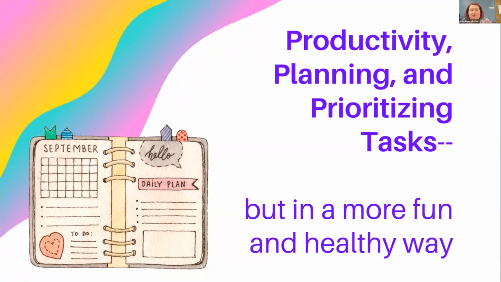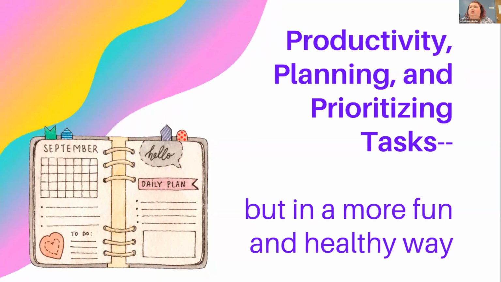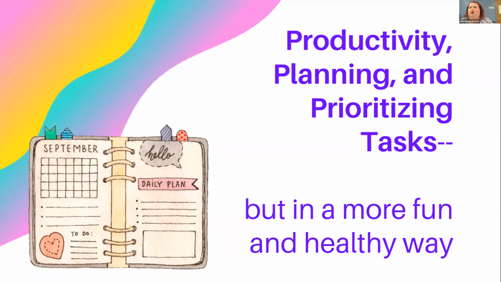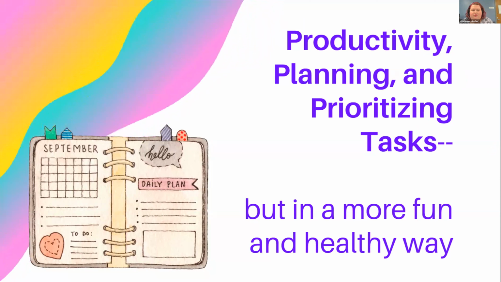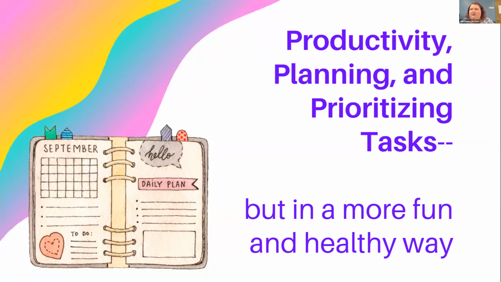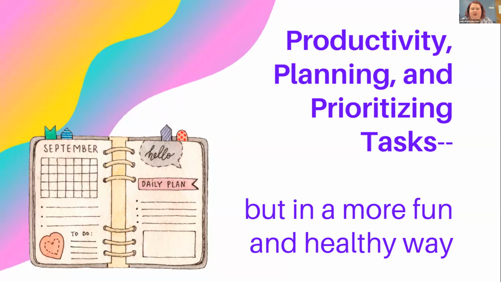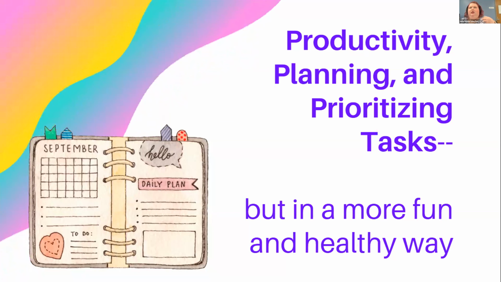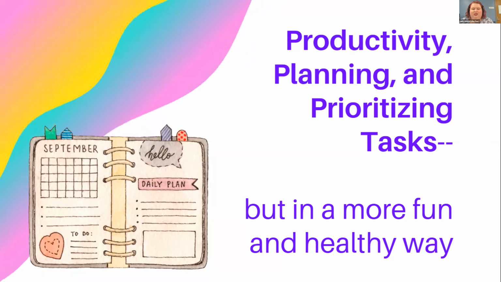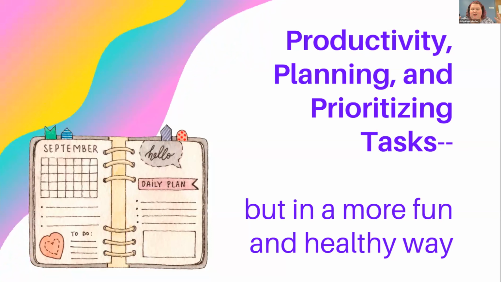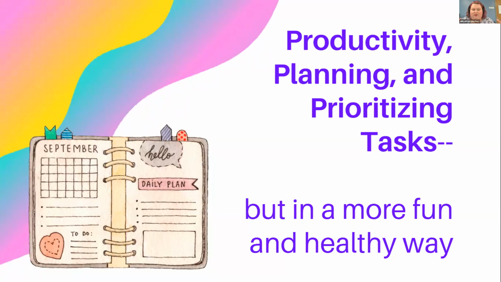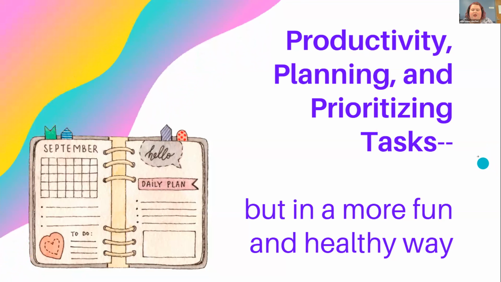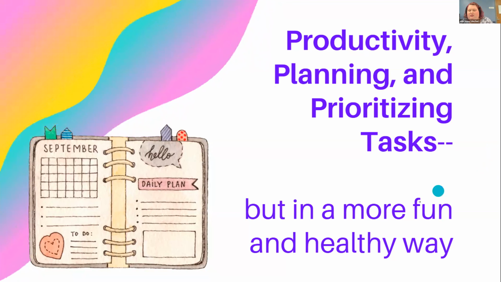This topic came about, I'll tell you the bummer part first. About 7 or 8 years ago, I had a really serious health thing because I was so ingrained in the idea of being productive and doing and planning and making things happen that I actually ignored my own health. So I am a cautionary tale. But I have learned a lot of things along the way that have improved my life since then.